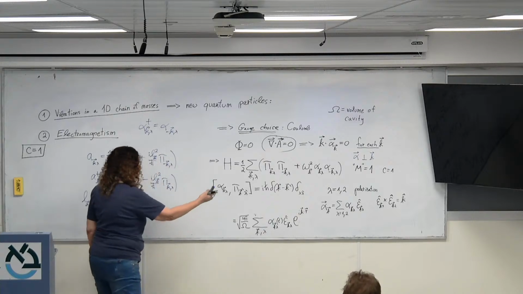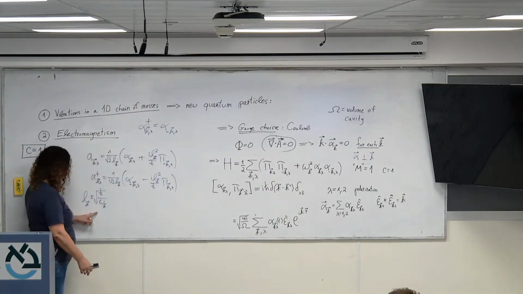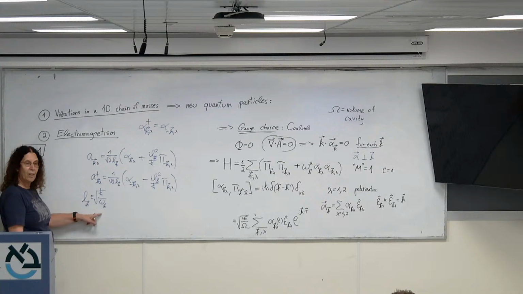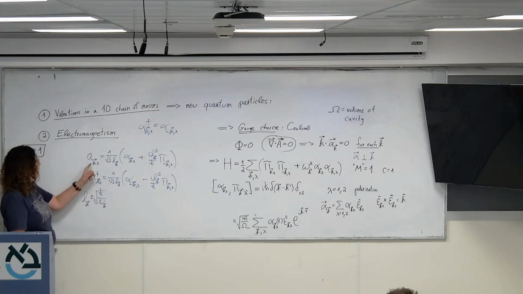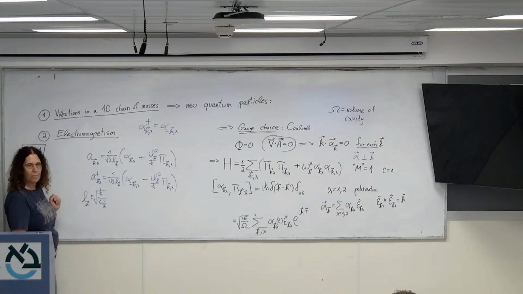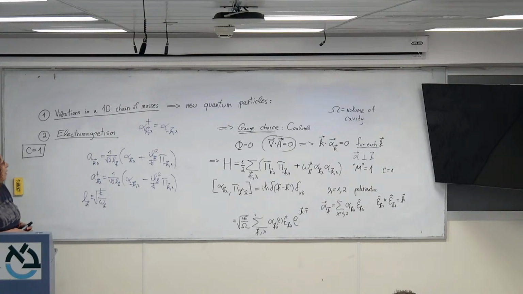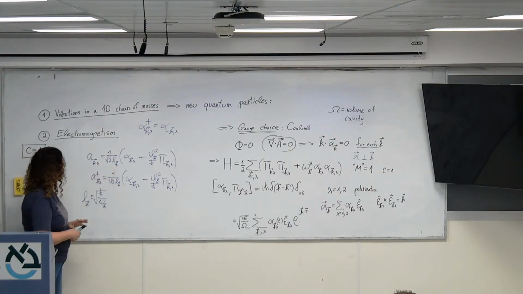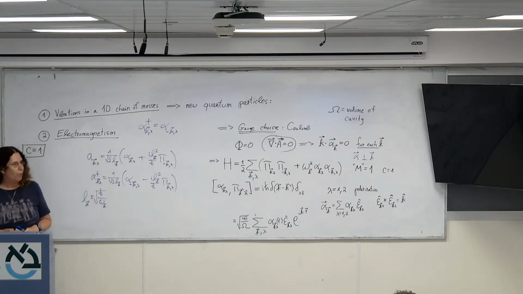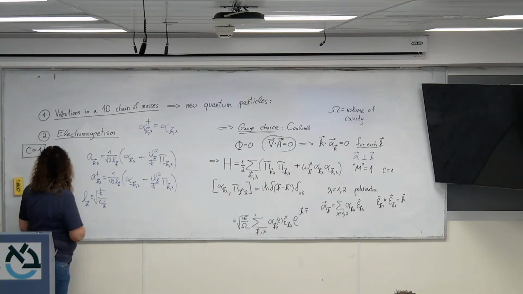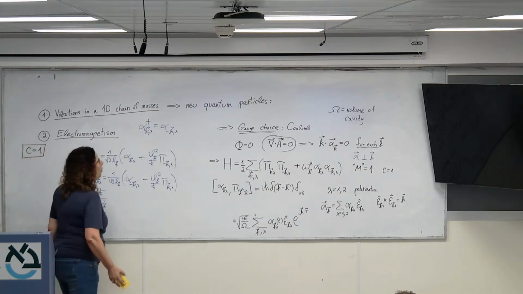And therefore, if you copy-paste, this is how the corresponding scale looks like, and this is the correct definition of A and A dagger. Okay, great. So now we plug in this definition, and we get the final expression for our electromagnetic field.